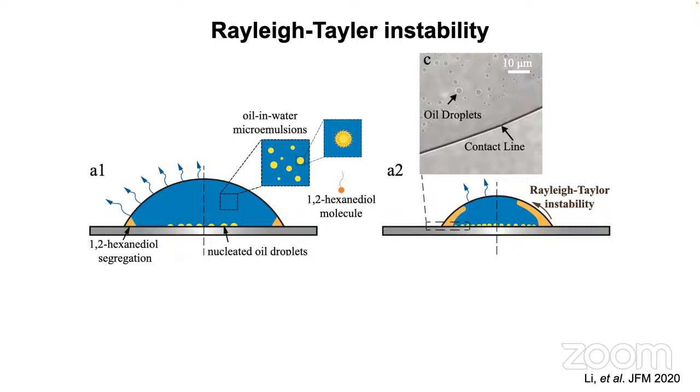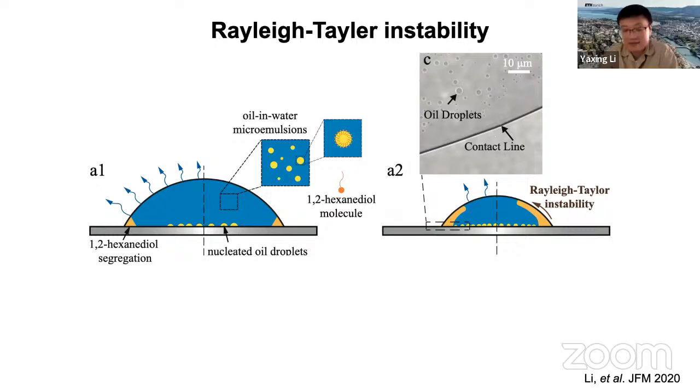Is this what you said? I'm wondering why this will help the extraction of hexanediol. Why will hexanediol also nucleate on these nucleated oil droplets, if you know what I mean?